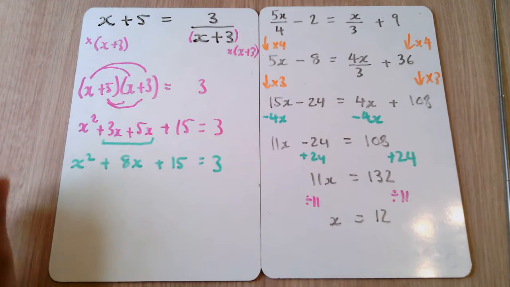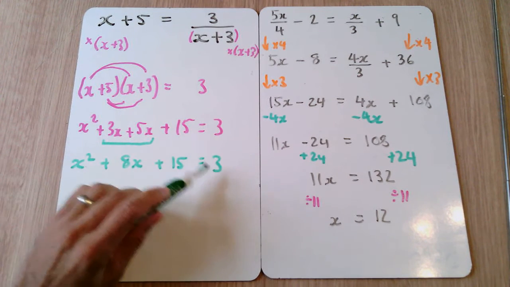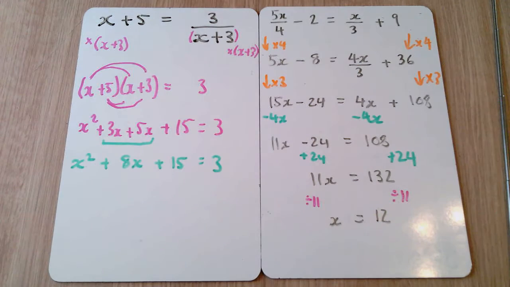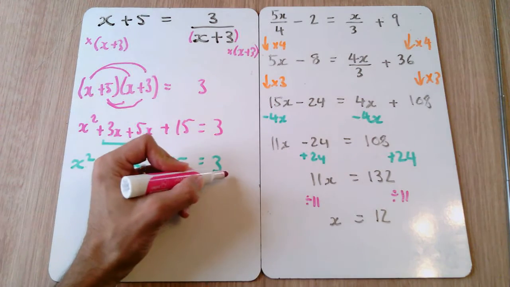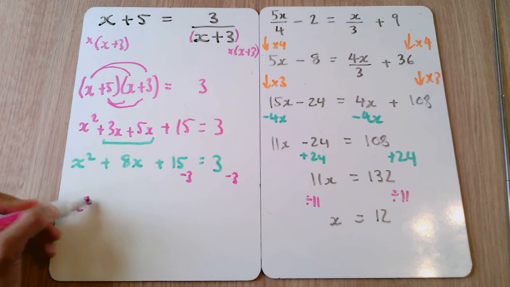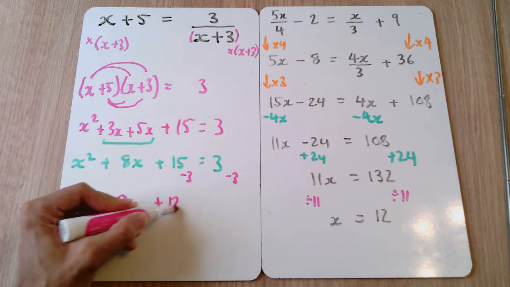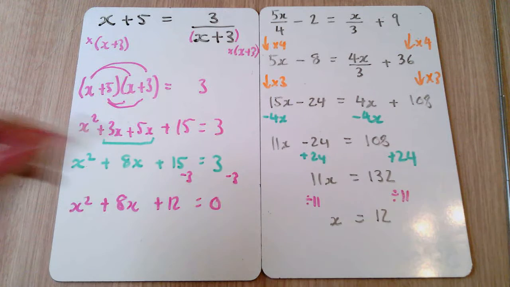Now we said we need to solve this quadratic. It needs to be equal to 0. So I need to bring this 3 to this side, or I need to subtract 3 from both sides. If I subtract 3 from here and subtract 3 from here, I get x squared plus 8x plus 12 is equal to 0.